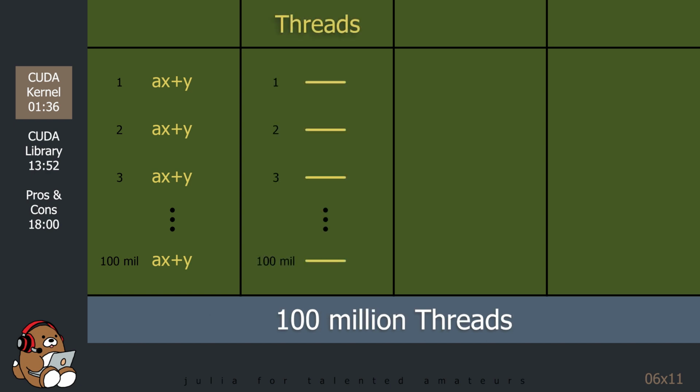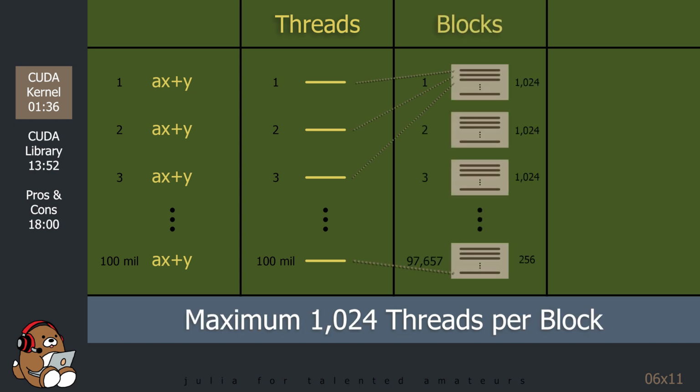In order to do that, CUDA takes these 100 million tasks and groups them into 100 million threads. The 100 million threads are then grouped into blocks, which contain a maximum of 1024 threads per block.